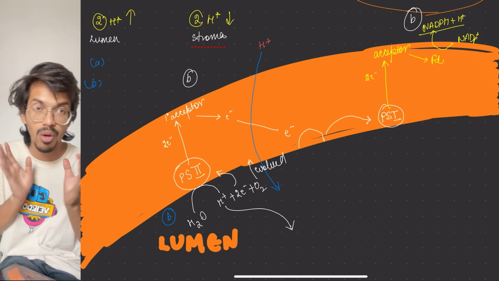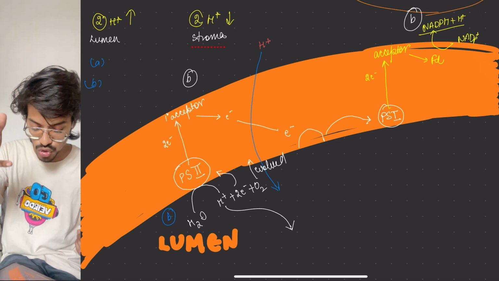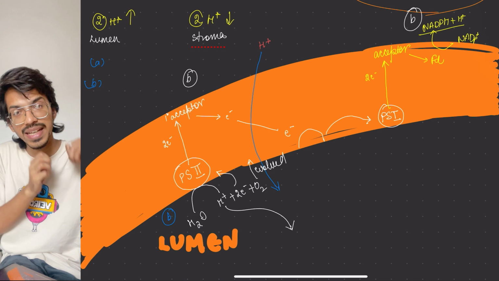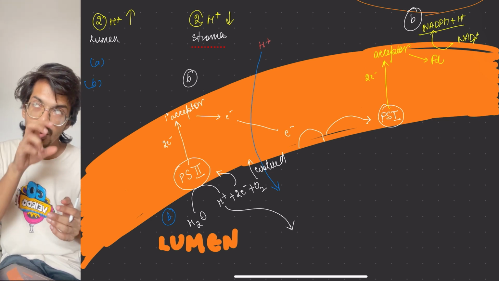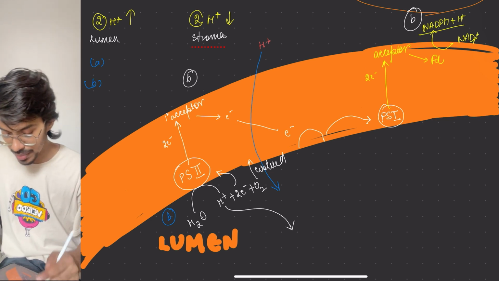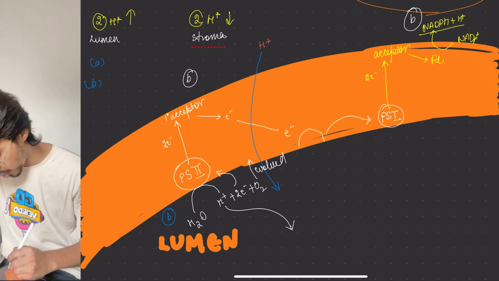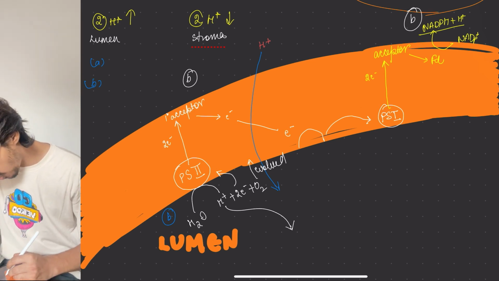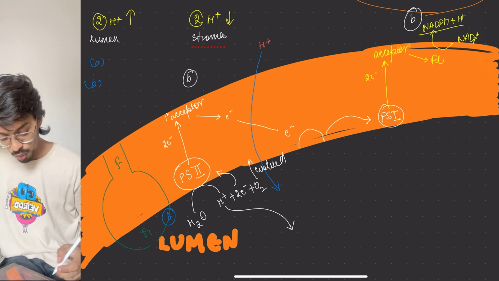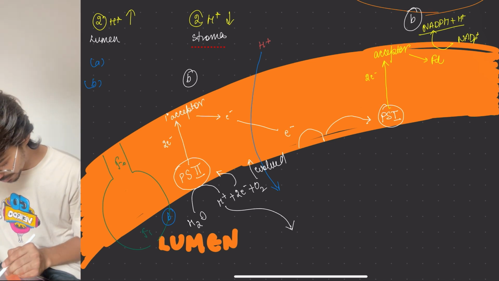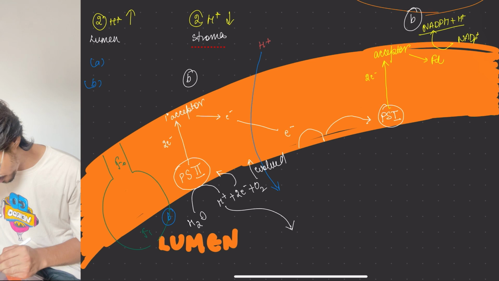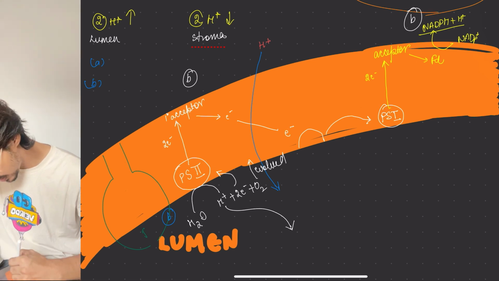Now what problem occurs? Outside in the stroma, H positive decreases, inside it increases. Now we have a membrane. On this membrane there is a presence of the F1 particle. Sorry, I made it a little wrong. This F1 particle would be like this.